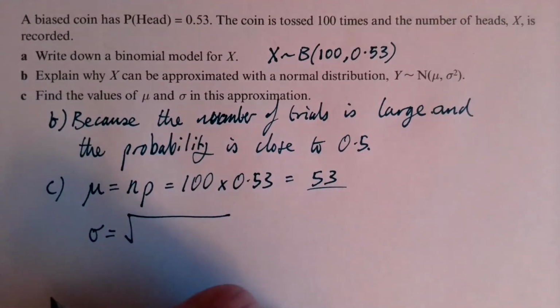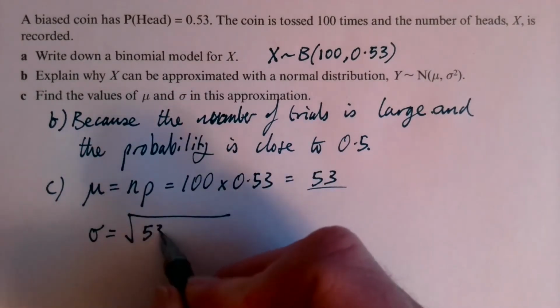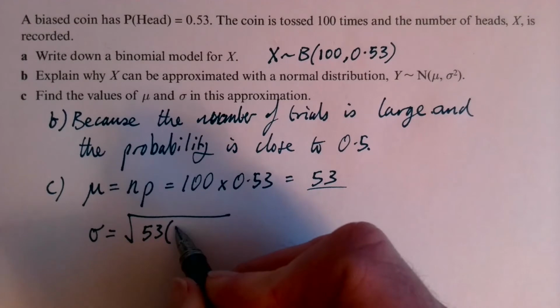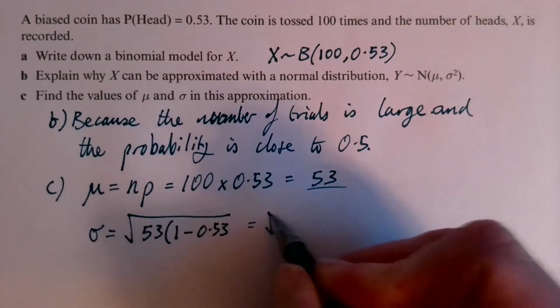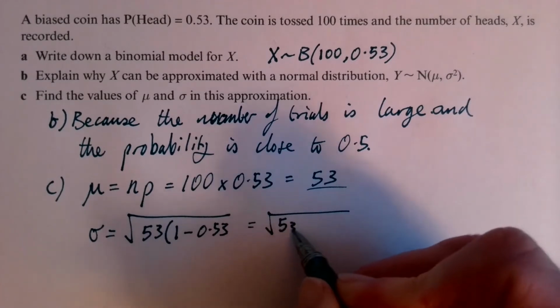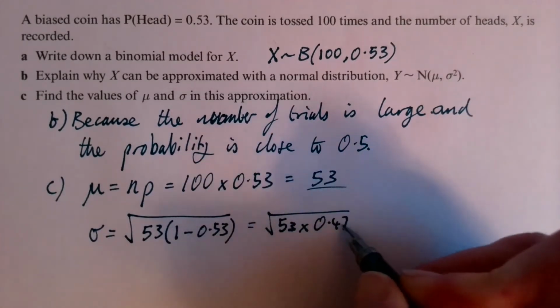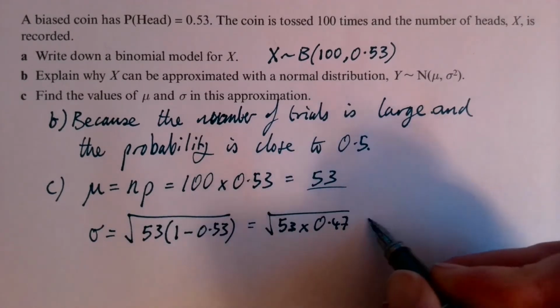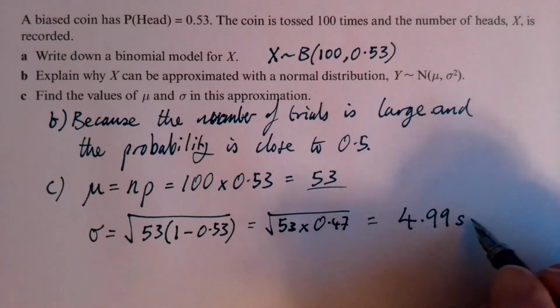It's going to be the square root of n times p, which we've just done, which is 53, times 1 take 0.53, which is the same thing as saying the square root of 53 times 0.47. And to 3 significant figures, that would be 4.99.